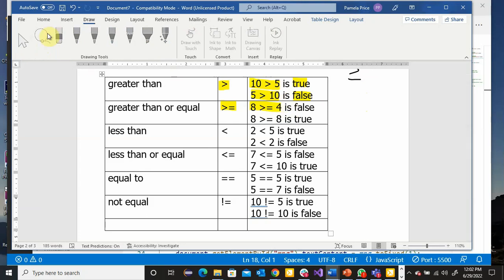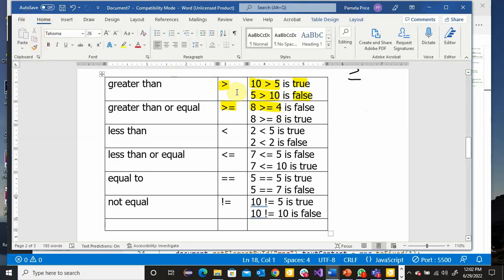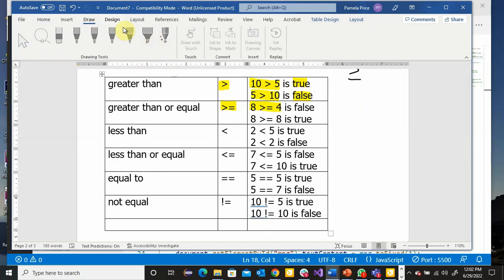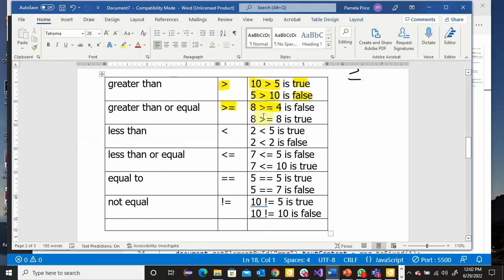So let's change this. Well, you guys know what I'm trying to do here. I'll just do it on my slide. So this should be 4 greater than or equal to 8 is false, right?